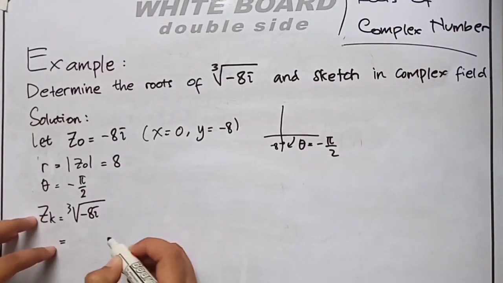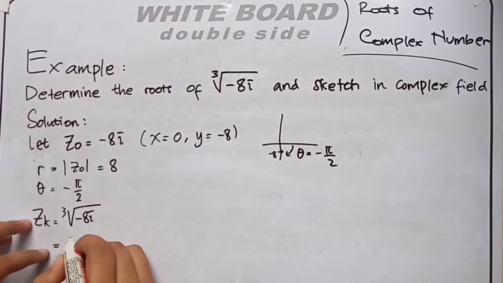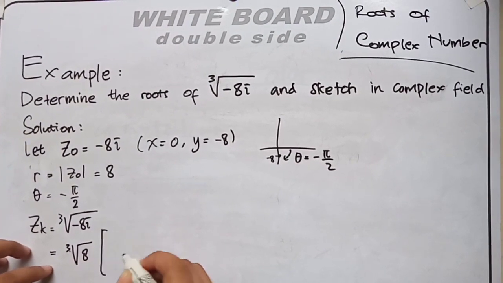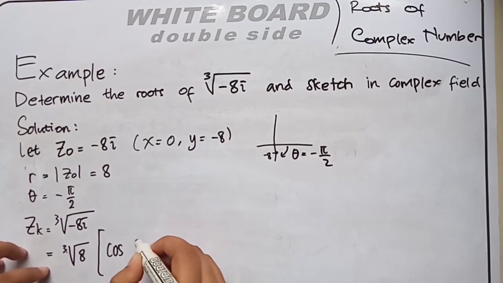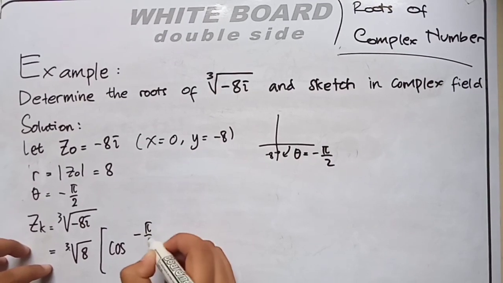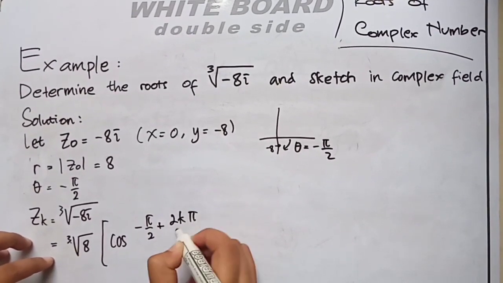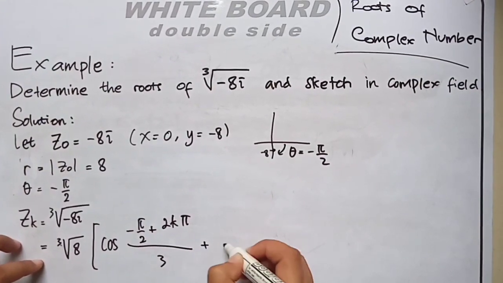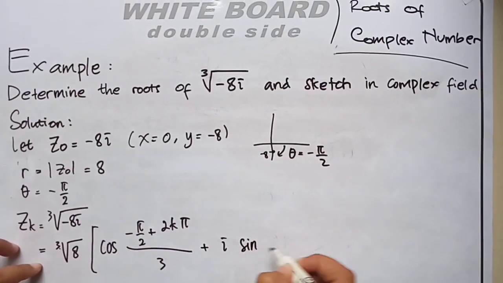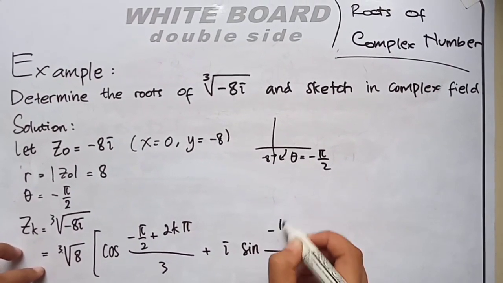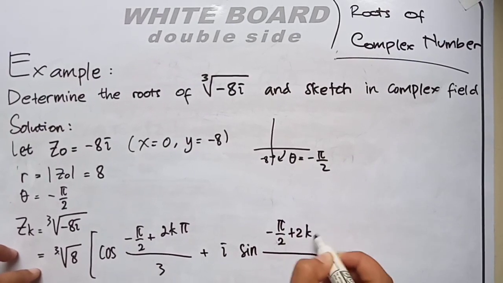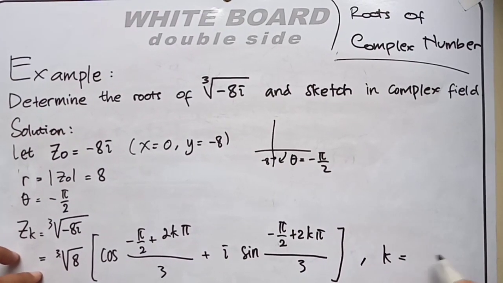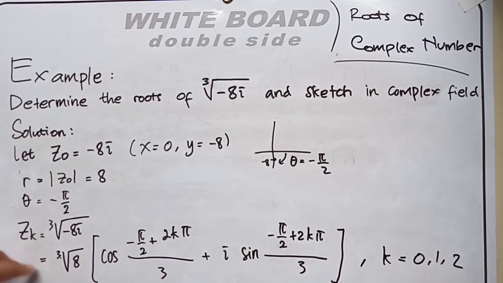So we will have cube root of 8 times cosine of negative pi over 2 plus 2k pi over 3, plus i sine of negative pi over 2 plus 2k pi over 3, where k is equal to 0, 1, and 2.